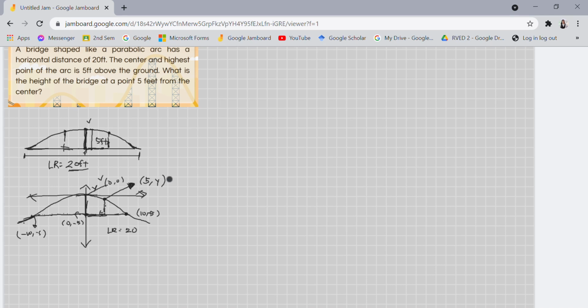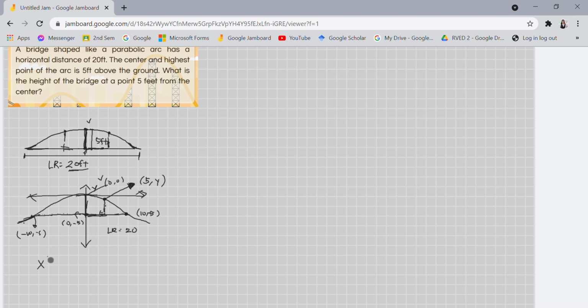Okay? So, let's write the defining equation. The vertex is at 0, 0. The latus rectum is 20. Actually, that's all we need when we write the standard form of the equation. Remember, this is facing down.